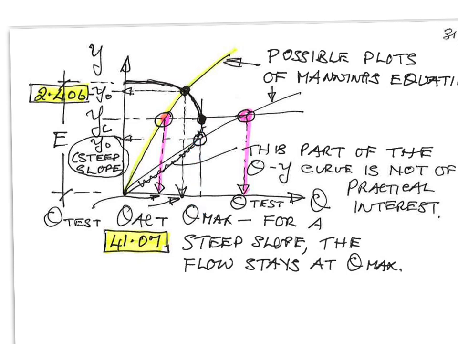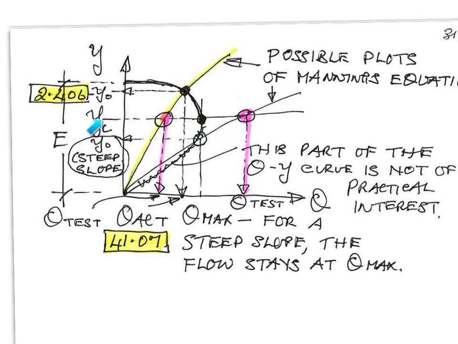Now, to see whether that is the flow or whether it is something less than that, we do a little test. We take Manning's equation, we put y equal to yc in it, and if our plot of Manning's equation were over here, we would intersect with a test value which was less than q max. Alternatively, if Manning's equation when plotted was actually over here, we would get a value of flow q test which was greater than q max.